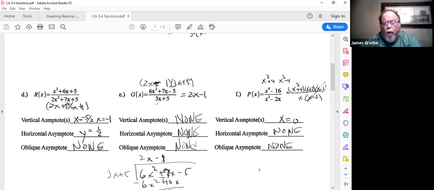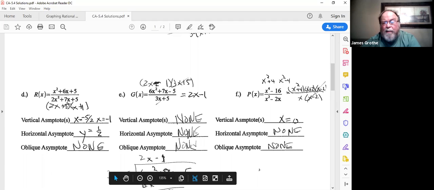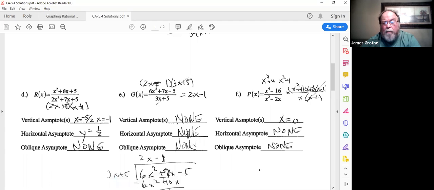Right? Horizontal asymptote. Well, notice after we cancel, my numerator is going to be x squared plus 4 times x plus 2. The highest power term we're going to have is x squared times x, which is x cubed.